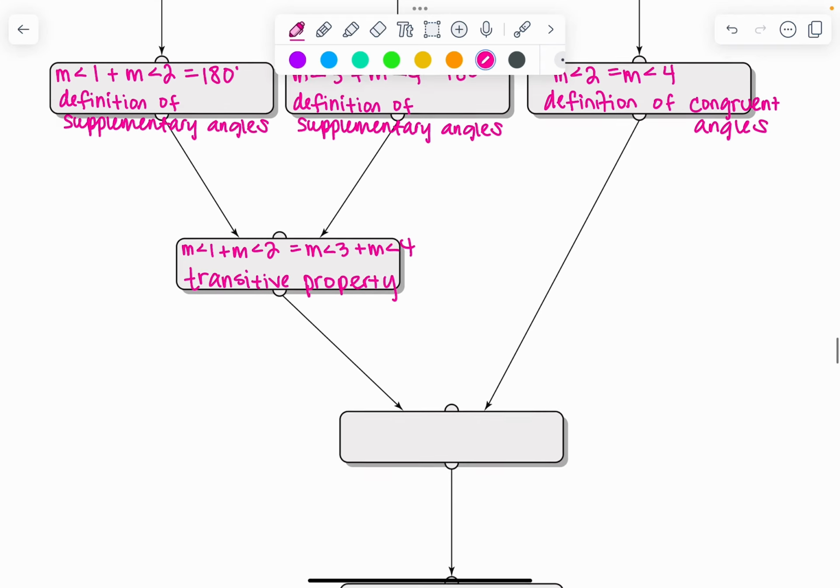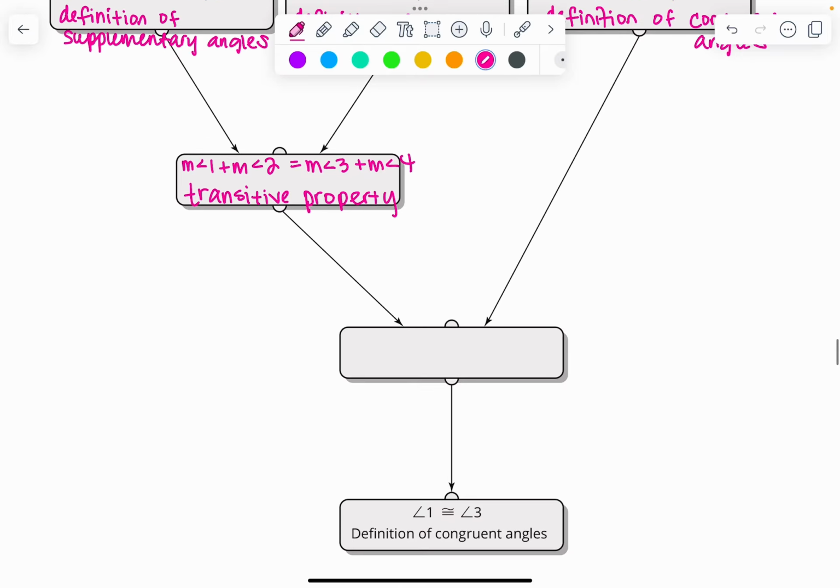Just to really drive the point home, the transitive property can look like this: A equals B, B equals C, so A equals C.